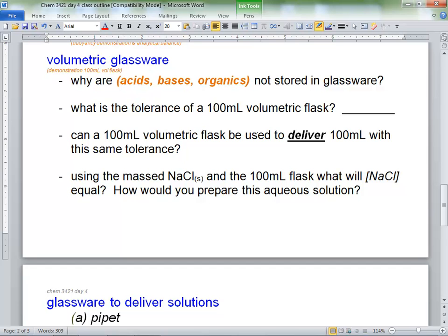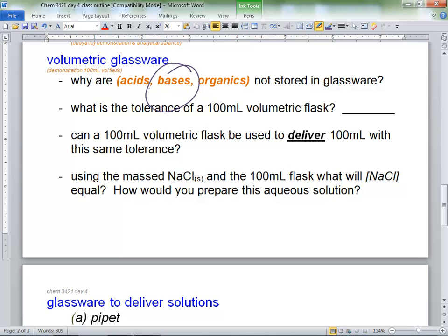One of these compounds eats up glass. To a very small degree, but in an analytical laboratory, you're anal, so it matters.